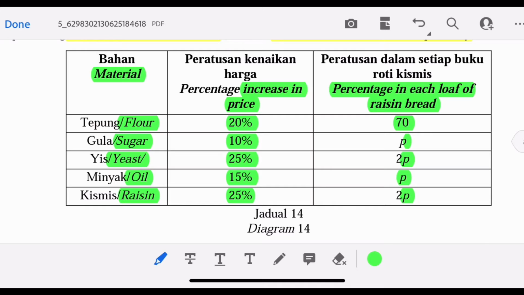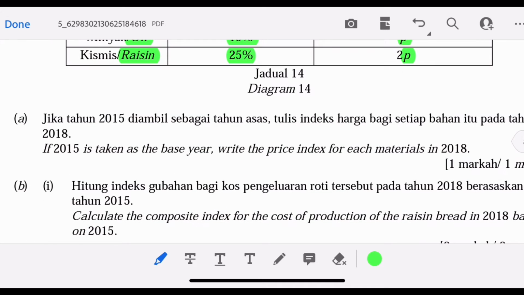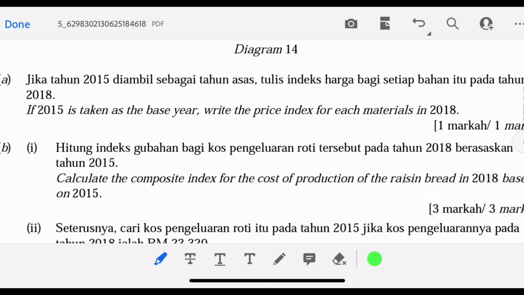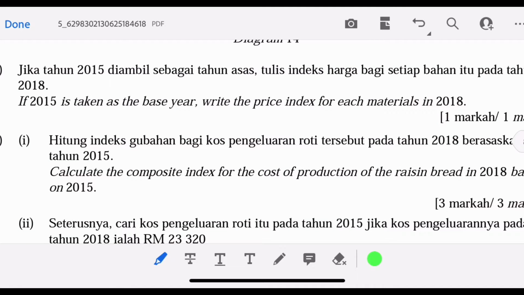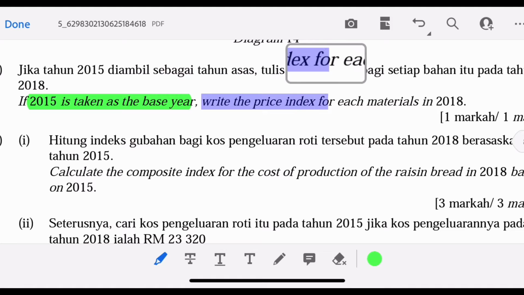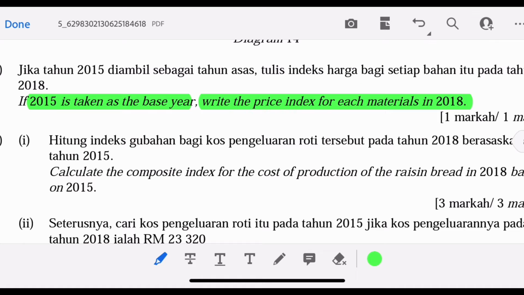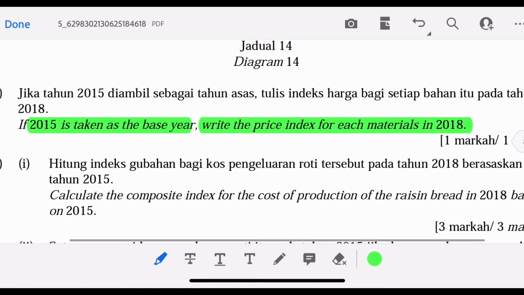Now let's see what the question asks. If 2015 is taken as the base year, write the price index for each material in 2018.